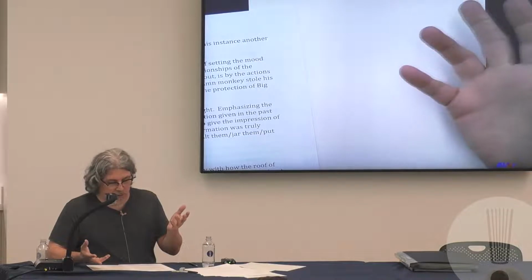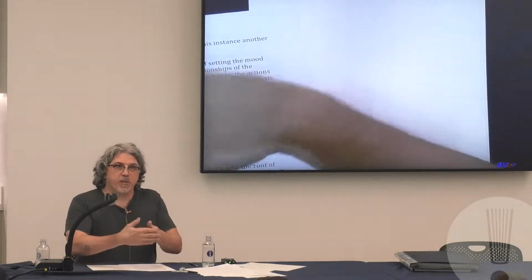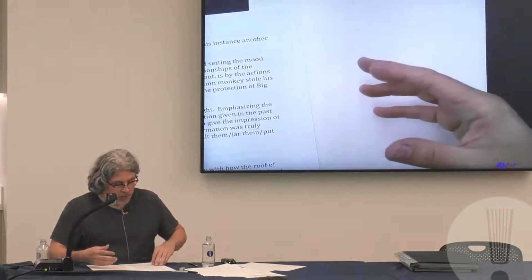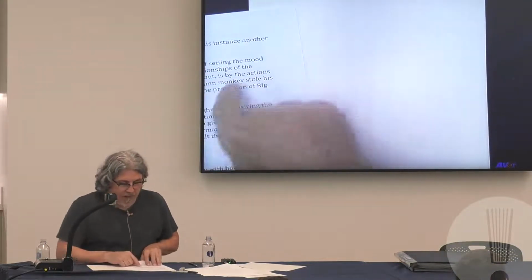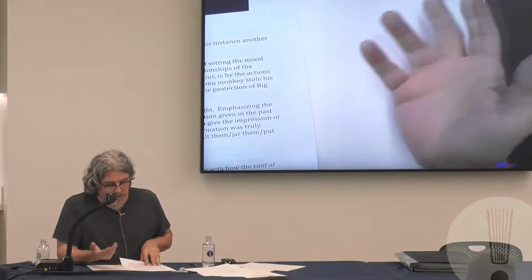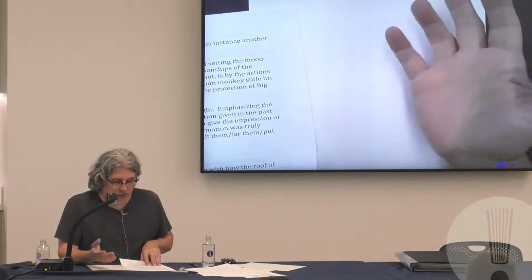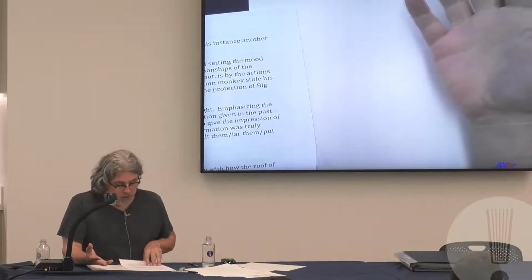Again, in panel 3, there's silhouetting. Again, dropping those characters into the background because the information is more important. In panels 4 and 5, another way of setting the mood and establishing the relationships of the people you're reading about is by the actions of the characters. It wasn't in the script, I don't think. Maybe it is. It's been a long time since I looked at it.